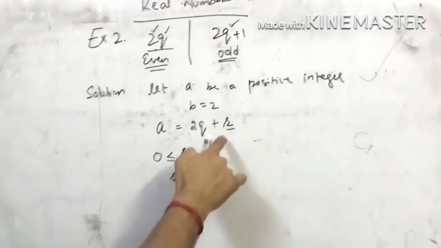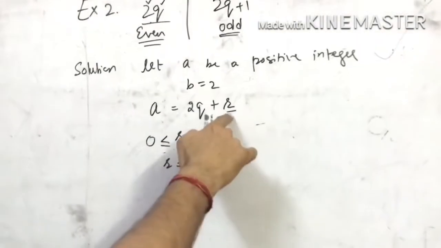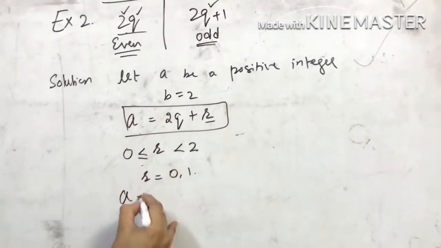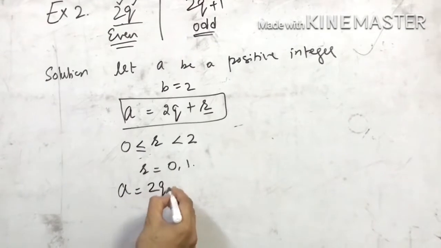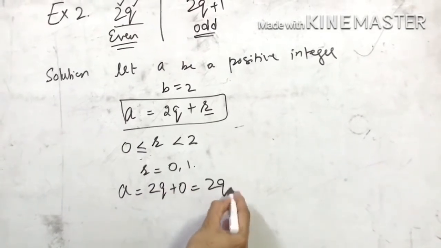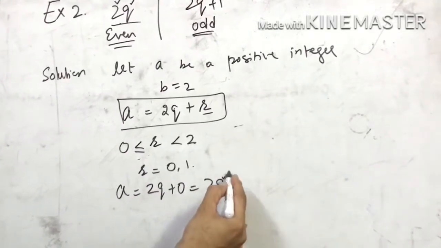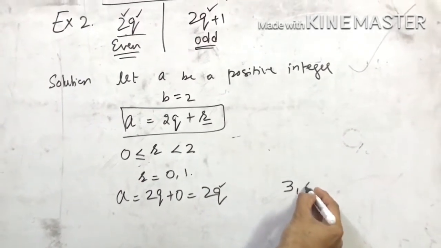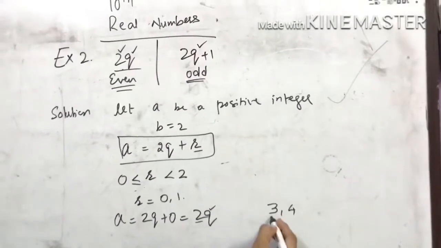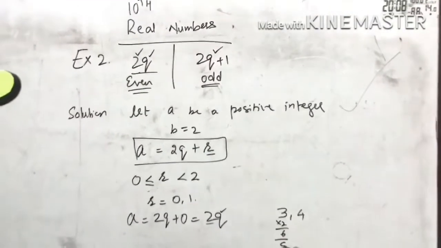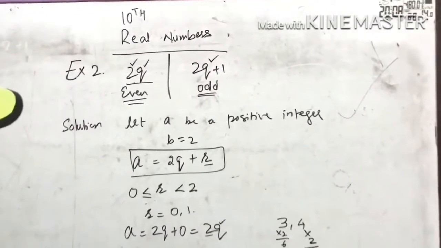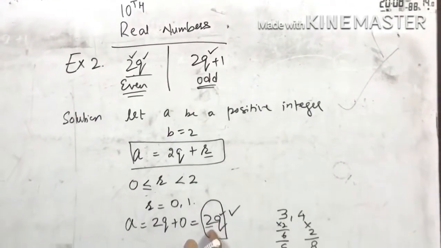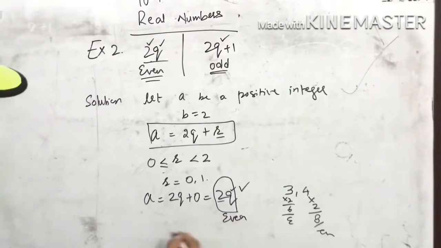So when we put both of these values one by one in this equation, a will be 2q plus 0, that means 2q. And you know, whatever integer it may be, maybe it is 3, maybe it is an even integer like 4, when you multiply it by 2, you will get 6, that means even. When you multiply even number with 2, again you will get even number. That means it is correct that it is an even integer.